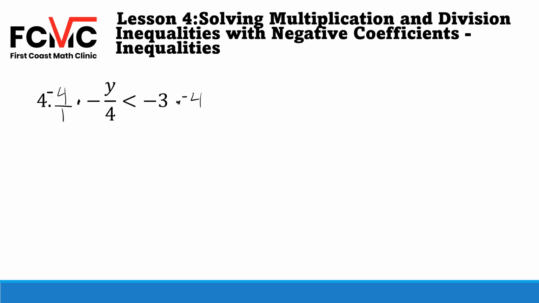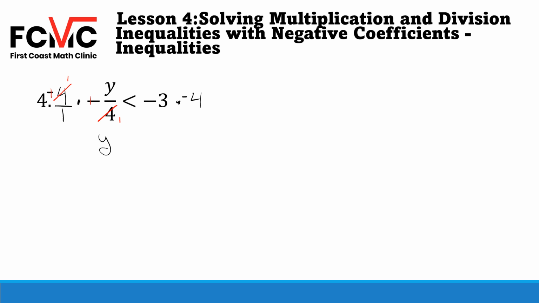So now my negative times negative is a positive. This -4 is over 1. So what's basically going to happen here is my 4 in the numerator and 4 in the denominator are going to cancel out. 4 divided by 4 is just 1. Negative times negative is a positive, and I'm left with just a y on the left side.